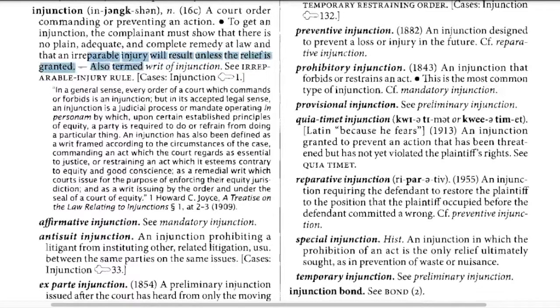Also termed writ of injunction. See irreparable injury rule. We're going to come back on that. Let me just jot that down with a handy Esquire pen, and that's called the irreparable injury rule.